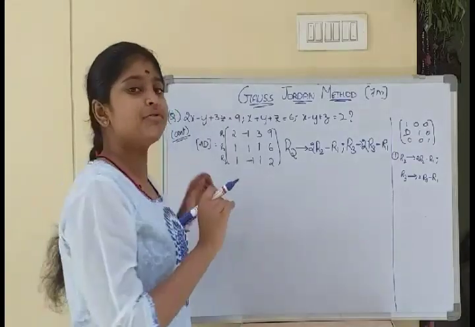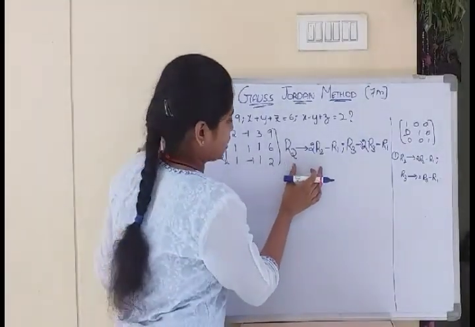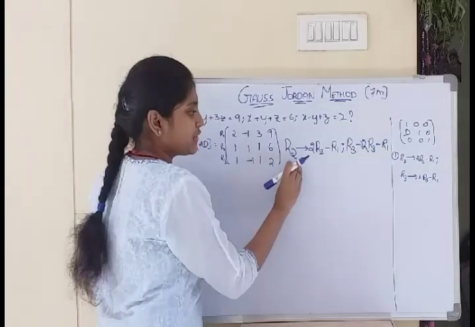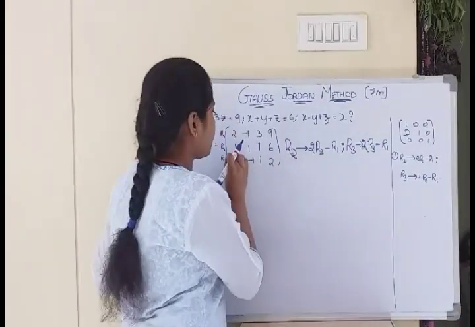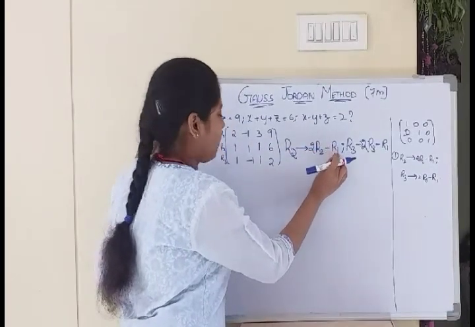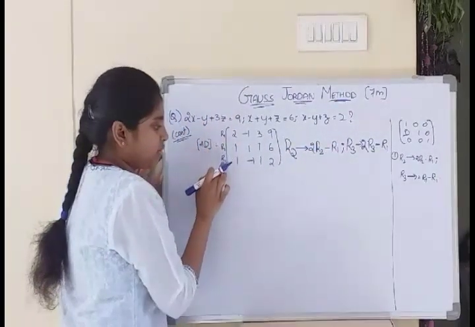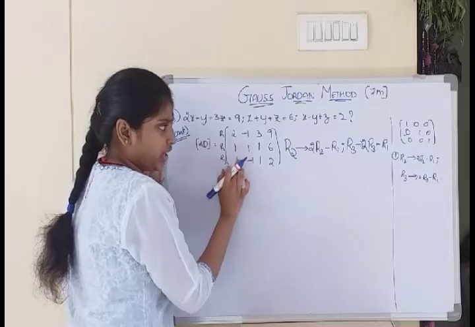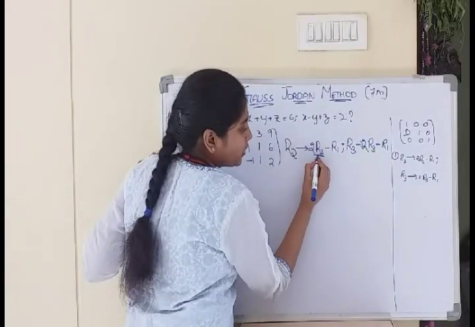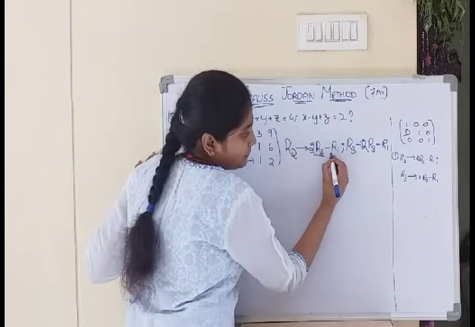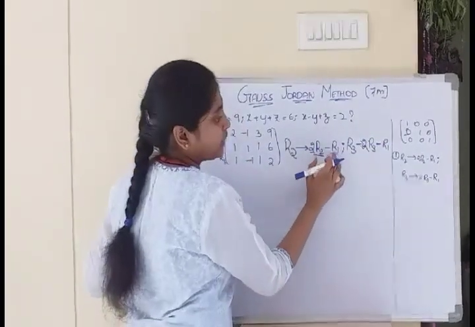Now we have defined the first operation. Now we will apply it: R2 gives rise to 2 into R2 minus R1, and R1, R2, R3 are row 1, row 2, row 3. First we multiply row 2 with 2 and subtract row 1.